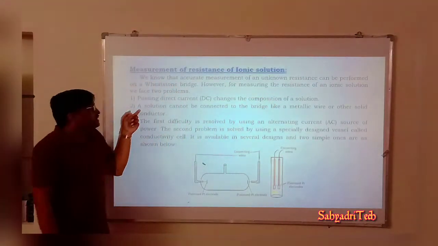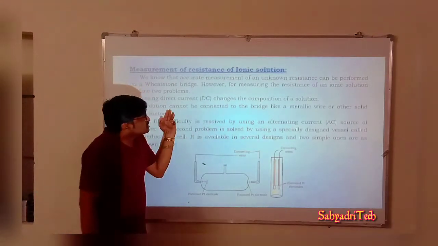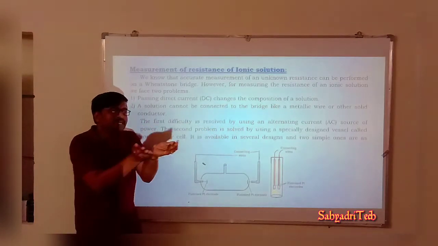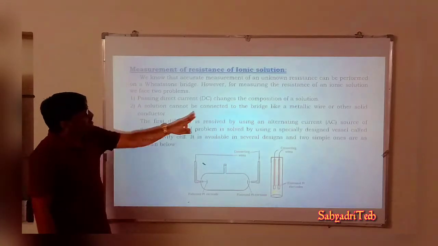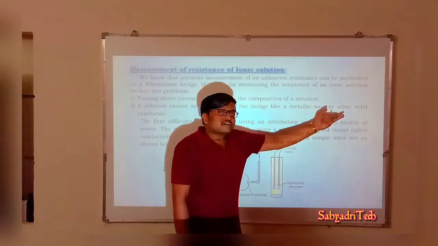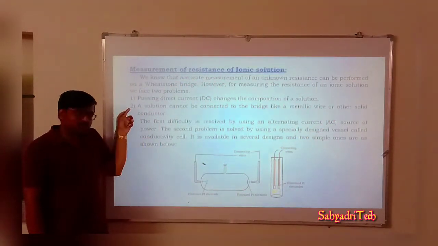Second thing, as I said, it is an ionic solution. Like a metal, that solution cannot be directly connected in a Wheatstone bridge. So a solution cannot be connected to the bridge like a metallic wire or any other solid conductor. So these are the two problems.